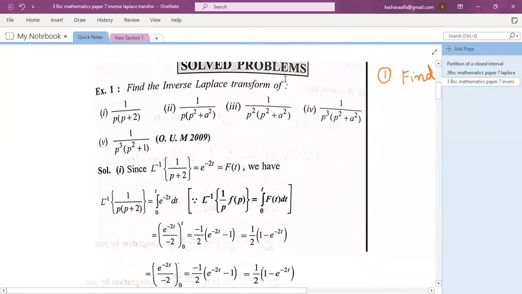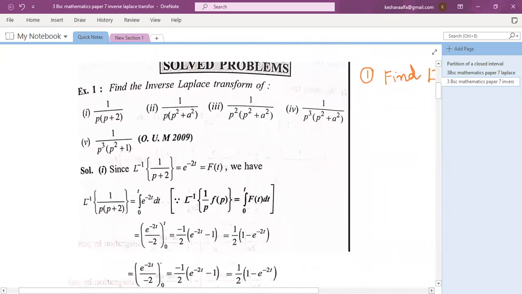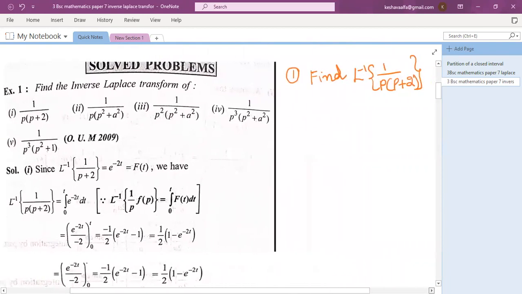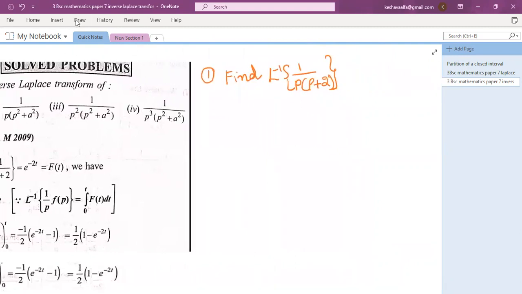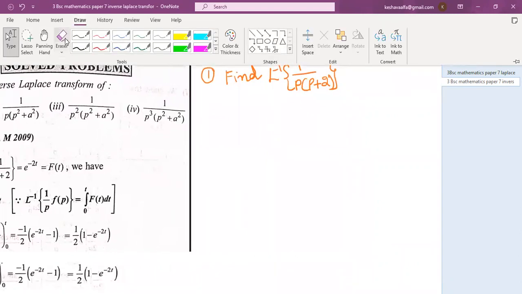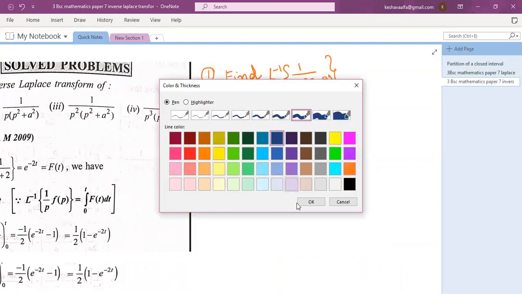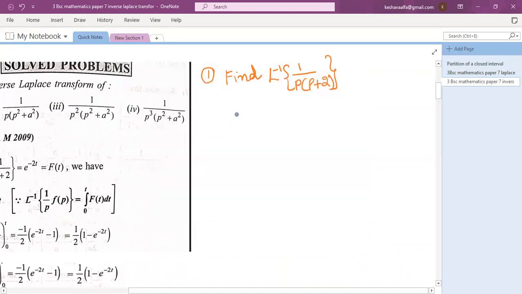So the first one is: find the inverse Laplace transform of 1 by p into p plus 2. So we can change the color of the pen.